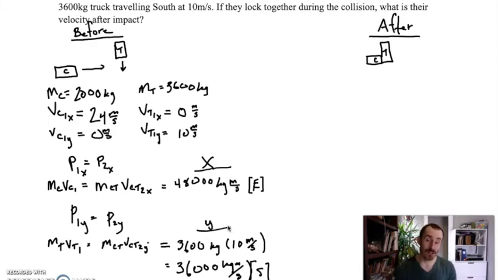And at the end, since momentum is conserved, the car truck has to have the same momentum as the separate parts did at the beginning. So we know that the momentum of the car truck at the end is going to be this 48,000 that way, plus this 36,000 this way.